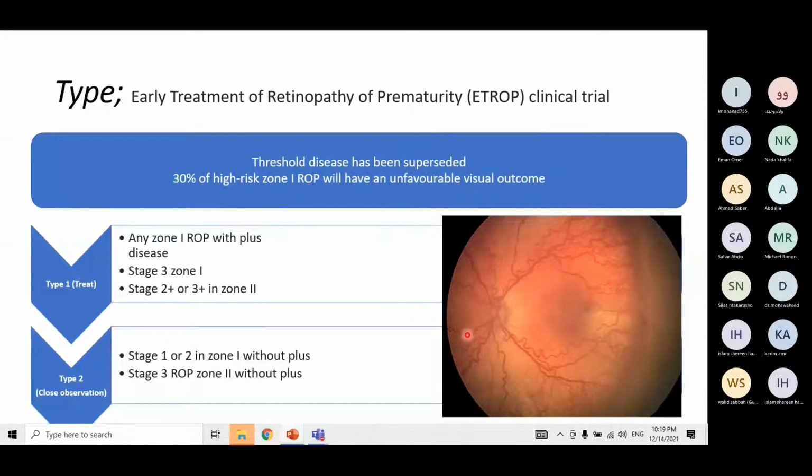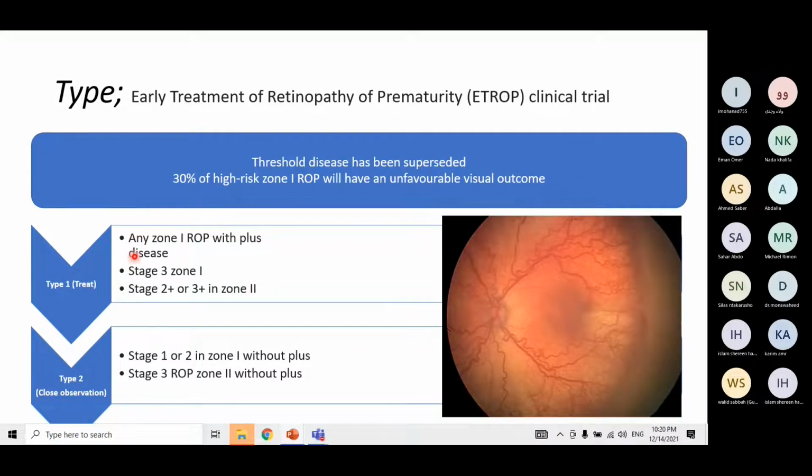So we had what we call the Early Treatment for Retinopathy of Prematurity clinical trial. This is a multicenter trial which gave evidence that laser treatment is safe and effective in those children. And it described what we call the pre-threshold ROP. We have type 1 pre-threshold ROP indicated for treatment.